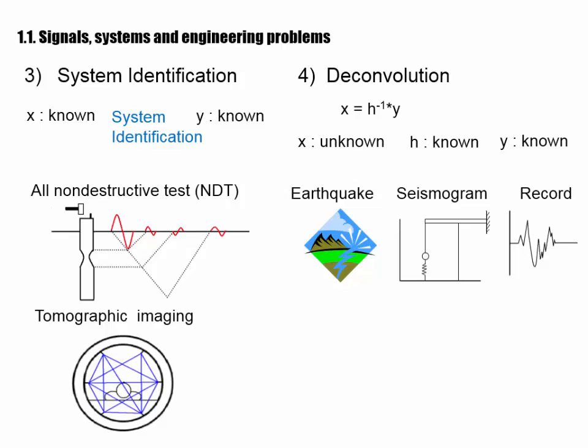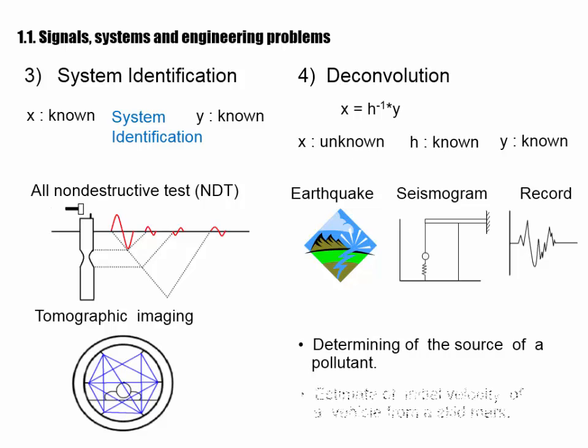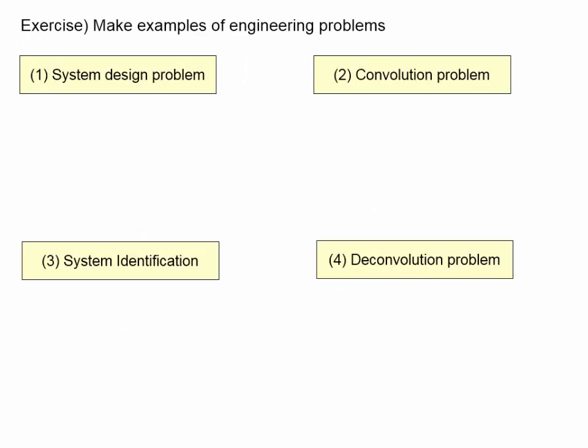You have a seismogram and you have an output. Then from the output, we are going to find the location, the source of this earthquake. Determining the source of a pollutant or estimating the initial velocity of a vehicle from a skid mark is also another deconvolution problem. Okay, so then it's your turn.